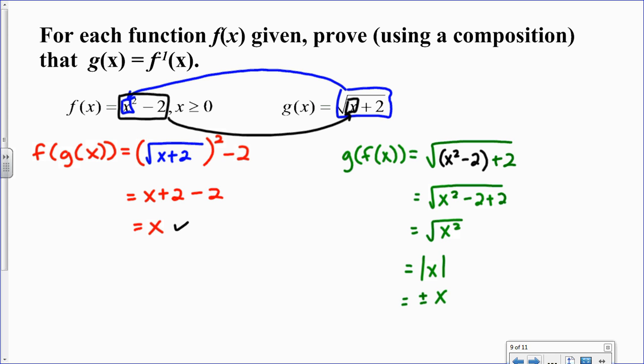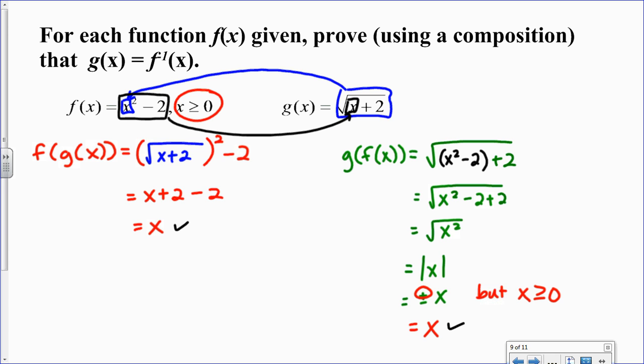So when you square root x squared, the answer is plus or minus x. We noted, though, x has to be greater than or equal to 0. So I only care about the positive, so therefore I can say equals x.